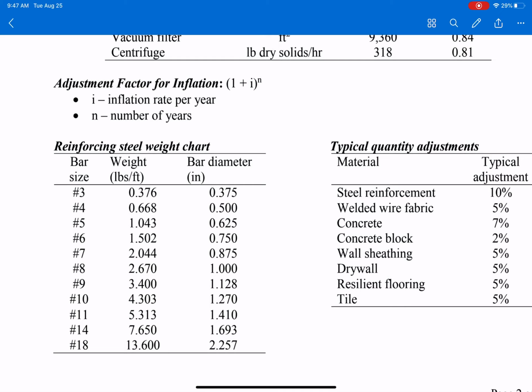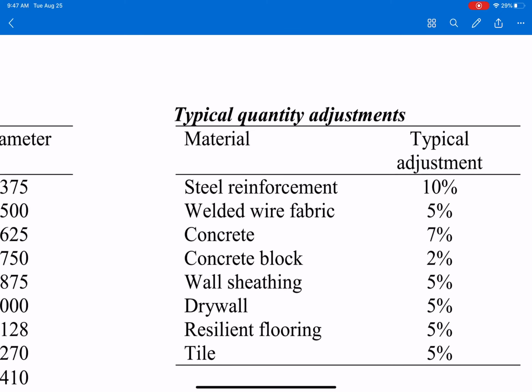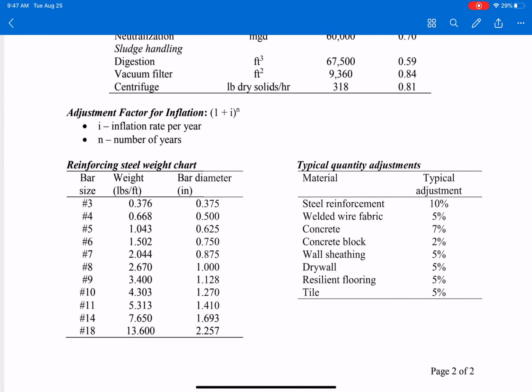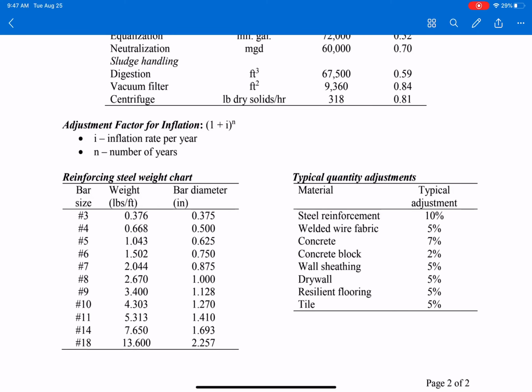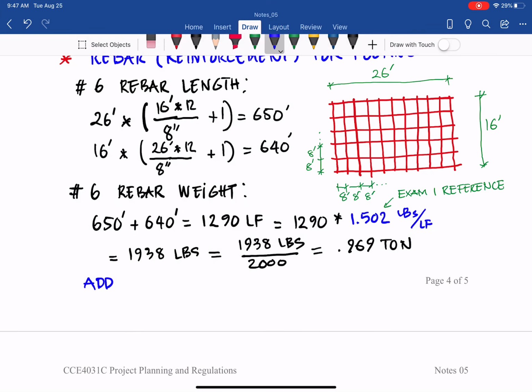If you are not sure which one, you can add reinforcement 10%, right? On page 2 of the exam reference again, you add waste of 10%. Then we have the total rebar for the footing: 0.969 times 1.1 equals 1.07 ton.